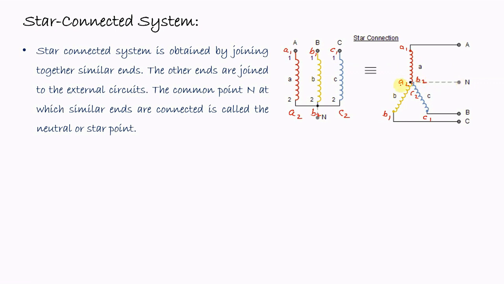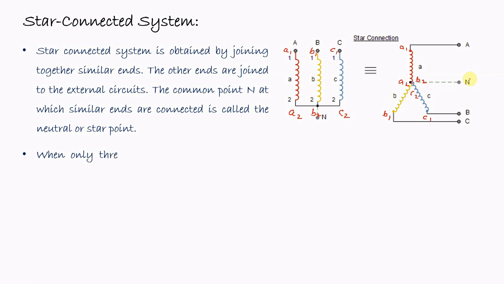If the system is balanced, then the potential of this point is equal to 0. On the other hand, the other terminals of the coil, that is A1, B1 and C1, are connected to the external load. Sometimes we can use a neutral terminal also for the connection to the load.